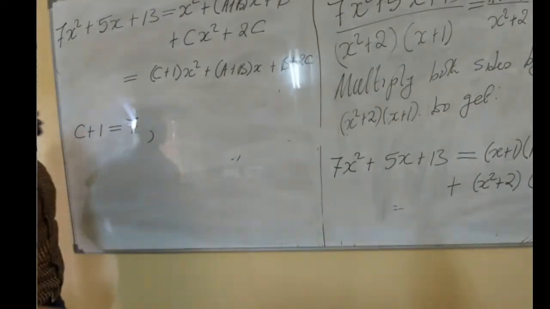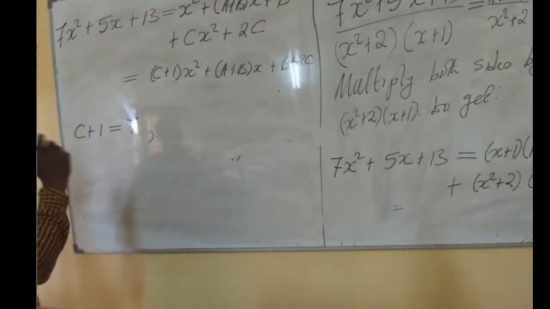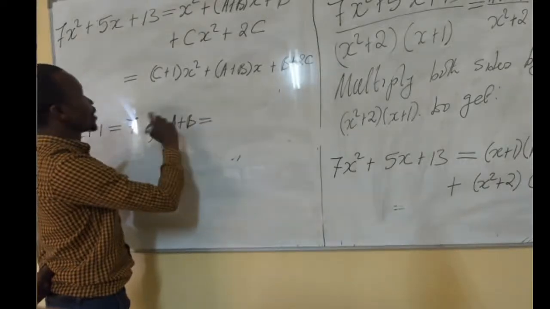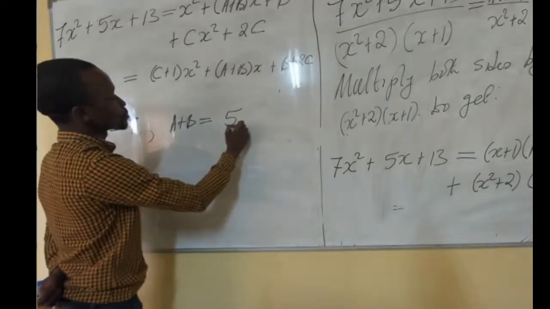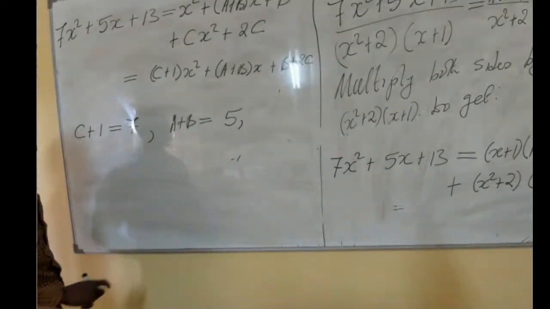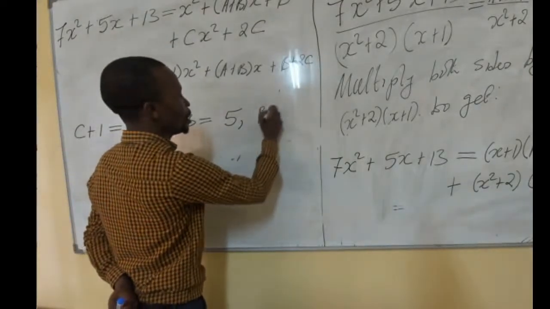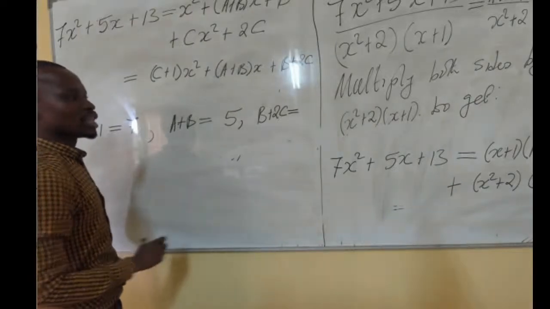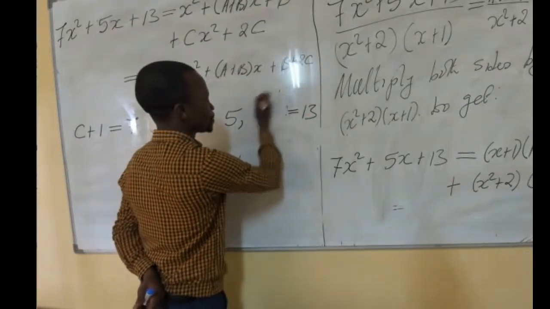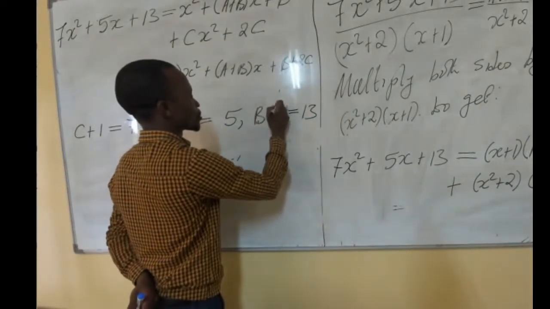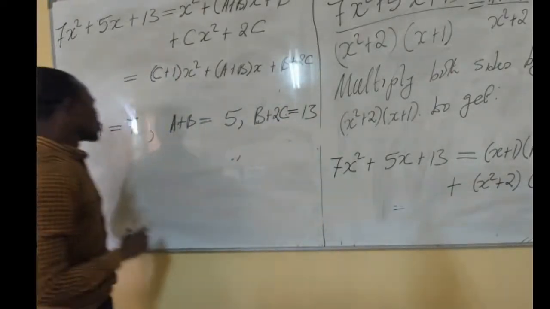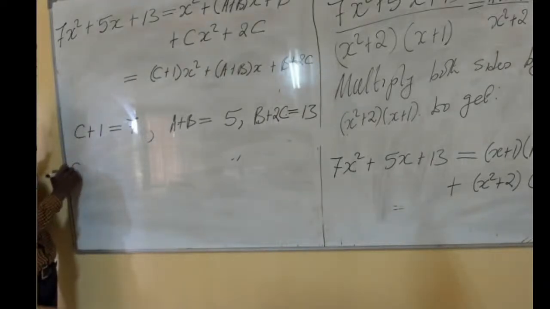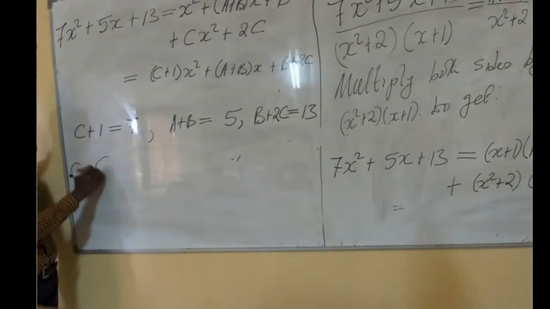Next, the coefficient of x on the right hand side is a plus b, and on the left hand side it is 5. The constant coefficient on the right hand side is b plus 2c, and on the left hand side it is 13. Then, from c plus 1 equal to 7, this means our c is equal to 6.